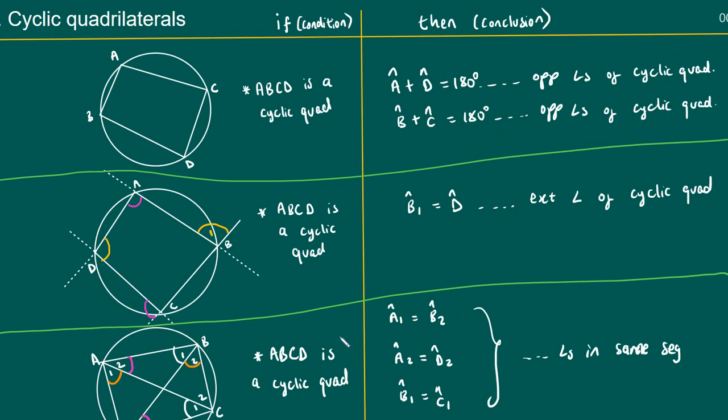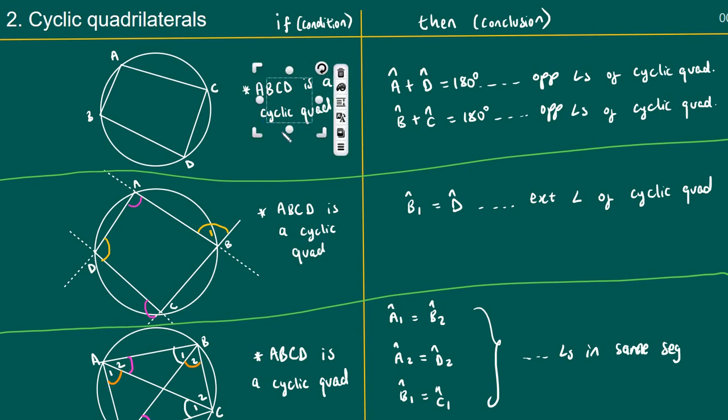Right. And then the second part is about quadrilaterals, which I also told you I group into three. So I usually just group them into the following. The condition is that if ABCD is a cyclic quad, then you're going to conclude that angle A plus angle D will be 180 degrees.